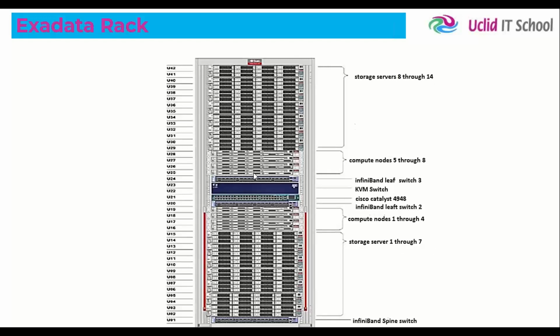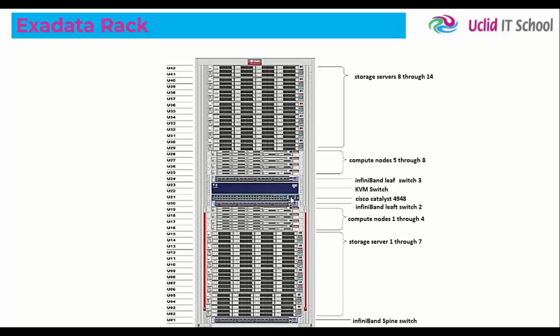So this is the Exadata rack. In the middle of the rack, you will have a KVM switch, which provides a keyboard, a monitor and a mouse to the servers inside the rack. This KVM switch is available in the lower versions up to X2 versions. Later versions, you don't find a KVM switch.